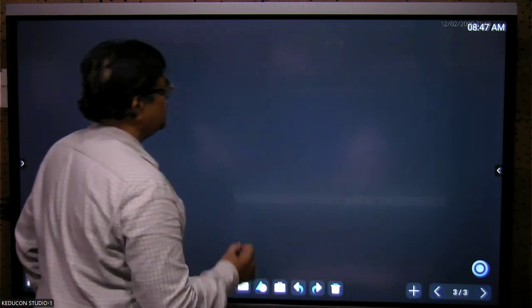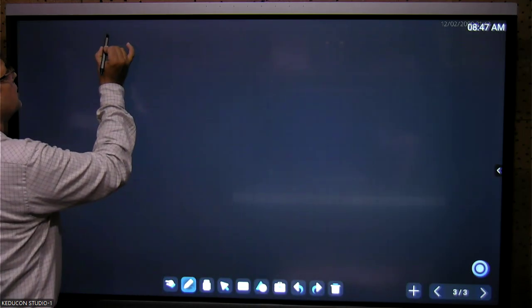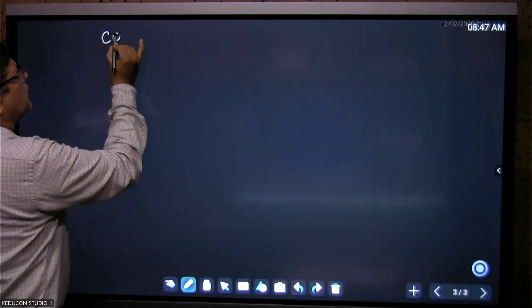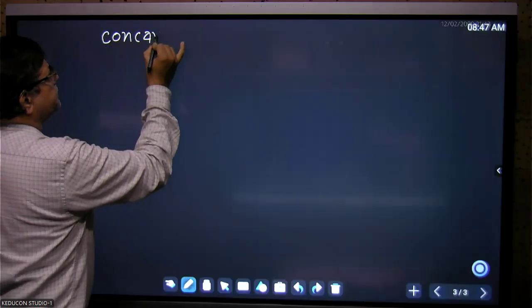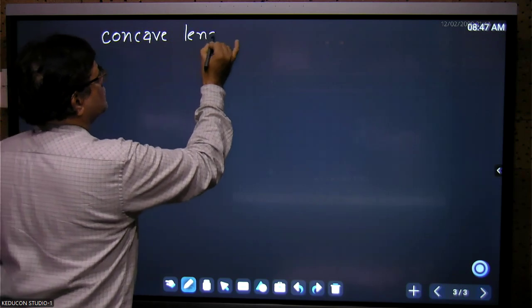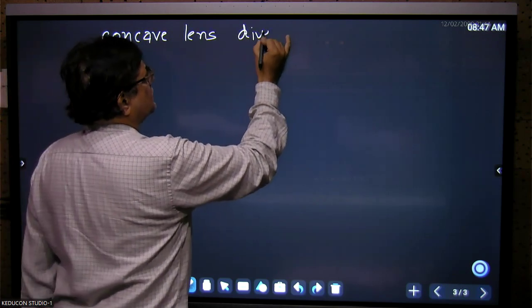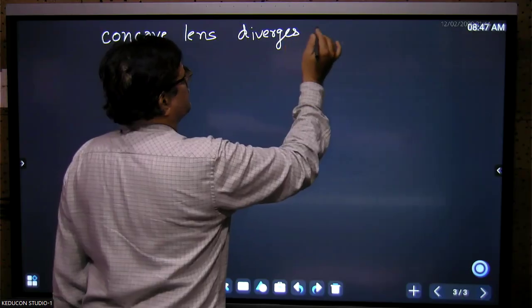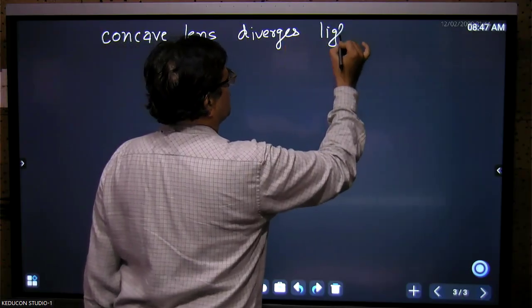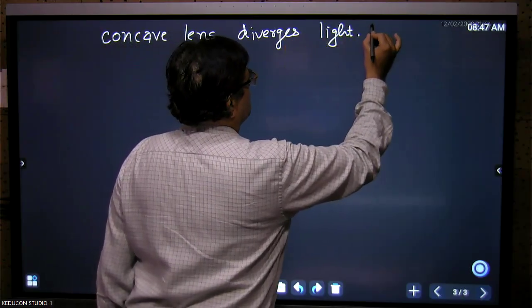Let me explain that thing also very quickly. Why does a concave lens diverge light?